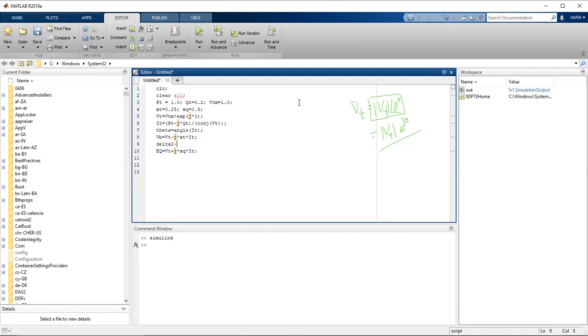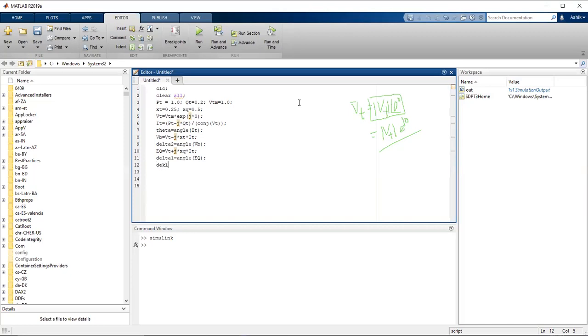Delta 2 equals some angle of phasor VB. What was the angle of EQ with respect to the reference phasor VT? That was delta 1. So that is again the angle of the phasor E capital Q. So we have got delta 2, we have got theta, we have got delta 1.